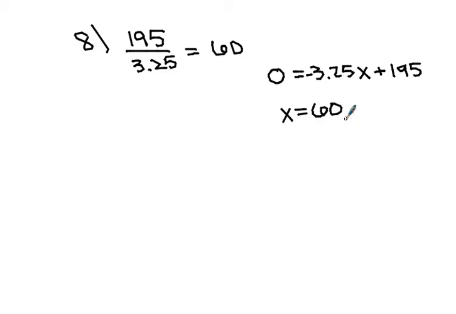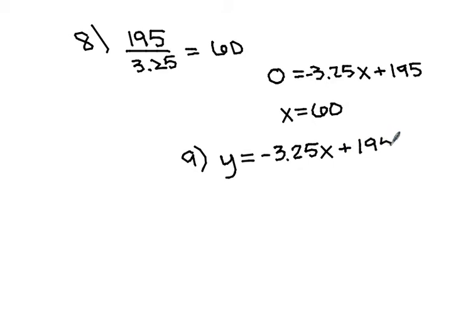Okay, number 9, what's the equation that relates money left over? So the equation piece, at some point I will ask you for the equation, so you need to figure it out. Okay, it's going to be, let's go with Chase. It's y equals negative 3.25x plus 195.